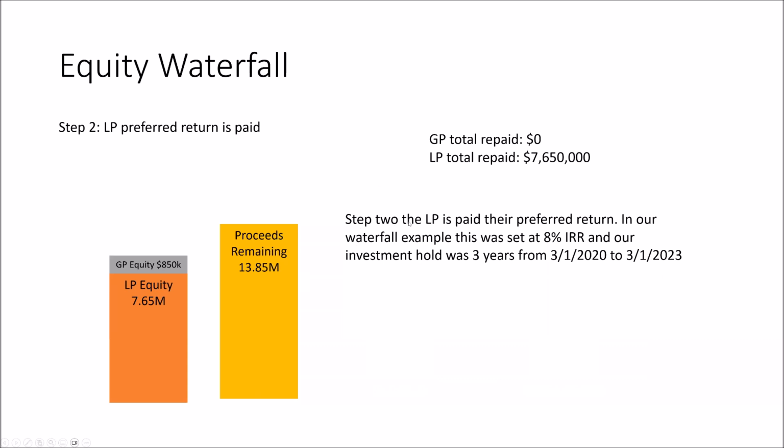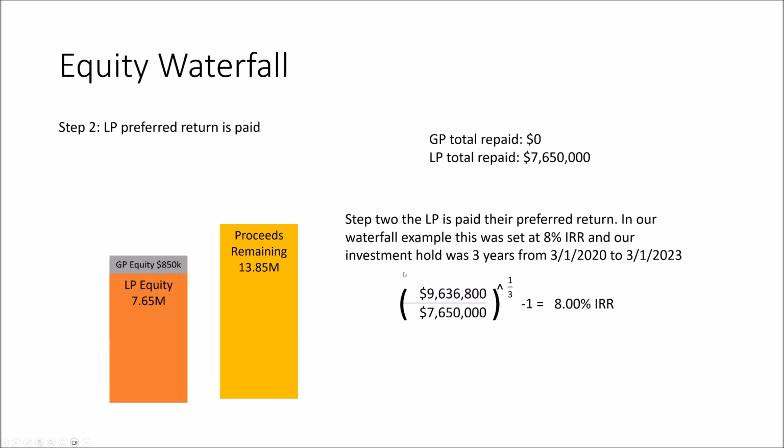So step 2, the LP is paid their preferred return, and in our example waterfall that was set at 8% IRR, and our investment hold was 3 years from 2020 to 2023. So this is where we get to do some of that math with the IRR. Basically, it works out that to get to 8% IRR, they need to receive the 9.6 back on this.